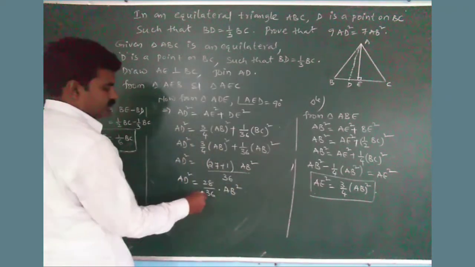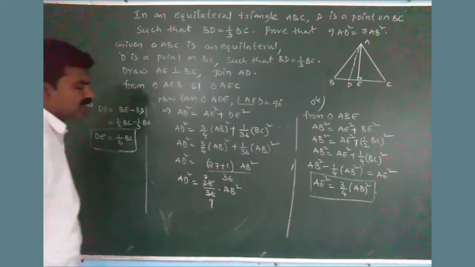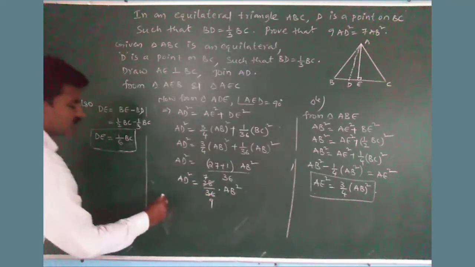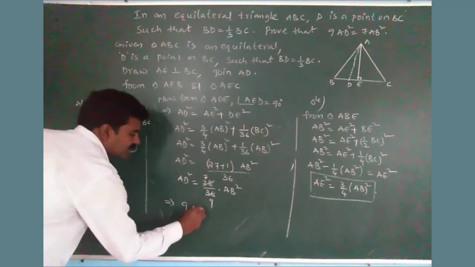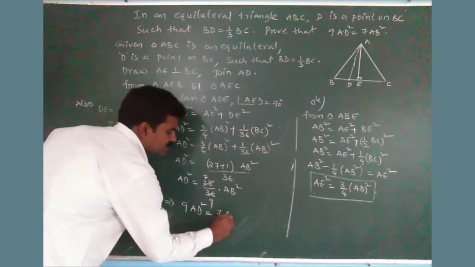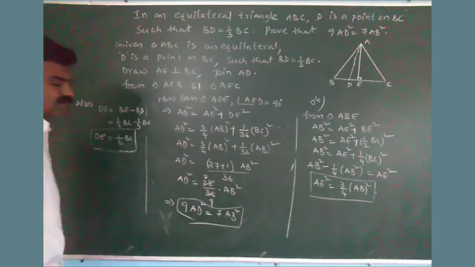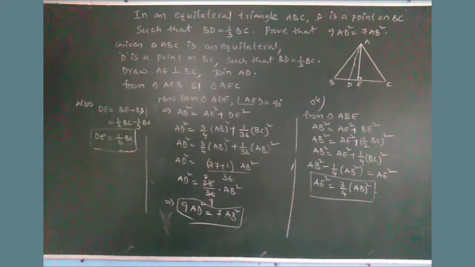Now 7 fours are 28 and 9 fours are 36. From this cross multiplication we can say that 9 into AD square is equal to 7 into AB square, which is the required condition. So very simple, just by using the concept of the Pythagoras theorem.